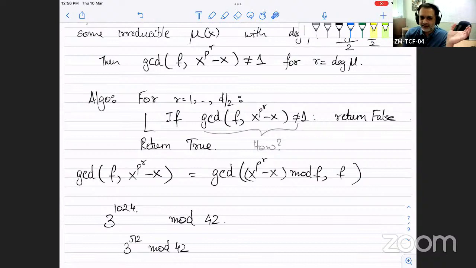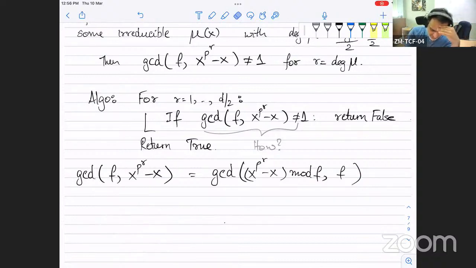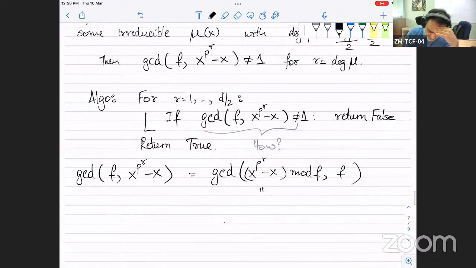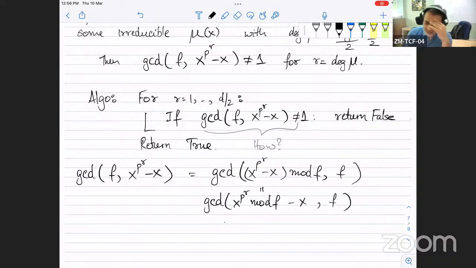So let me just write down what you need to do. I'll write this as GCD of x power p power r mod f, minus x, comma f. And the way we will compute this is using repeated squaring.